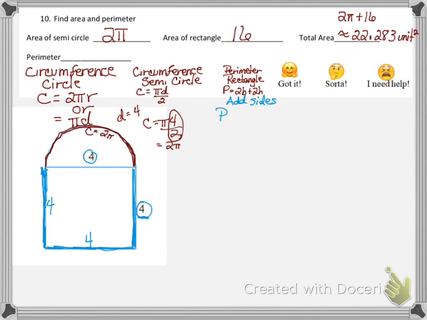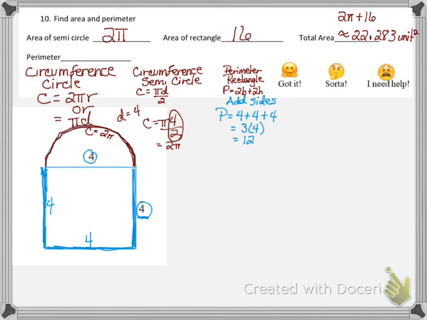So to find the perimeter just along the edge here, it's going to be 4 plus 4 plus 4, because I've got it bolded that that's the only part we're interested in. Also remember that 4 plus 4 plus 4 is the same as 3 times 4. So the perimeter is going to be 12. So in order to figure the perimeter here, we've got to add those.